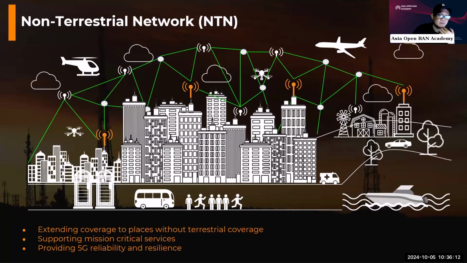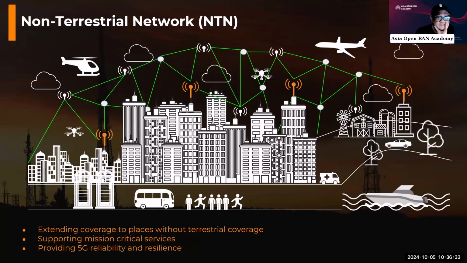So you have Wi-Fi, you can connect. But in some places, what we are expecting is direct to the phone. Meaning you have a phone, no need for a dishy. You can connect directly to the satellite. That is what we are expecting in the future, especially here in the Philippines.